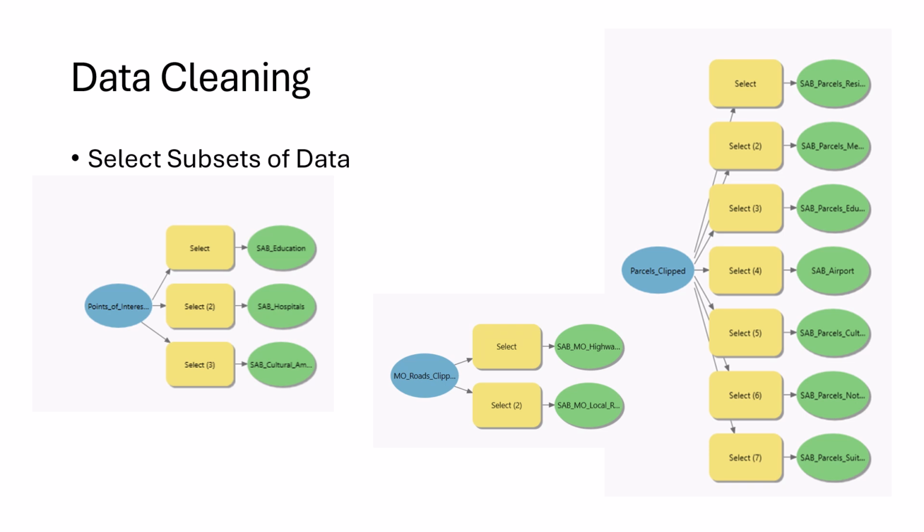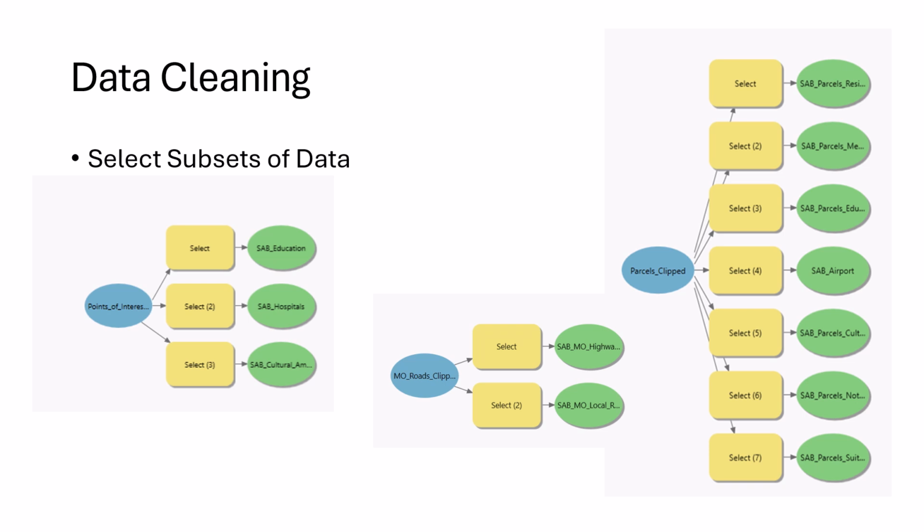And then for parcels, I pulled out a bunch of data layers I didn't end up using, but it was interesting to see nonetheless. For this specific use, I pulled out residential land use. I pulled the airport from the parcel level. I pulled cultural amenities. I used the points cultural amenities, but I pulled that anyway to see what it looks like with the parcel level.